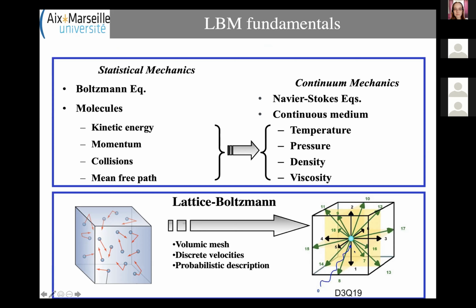The Lattice-Boltzmann method can be seen as a very specific discretization of the Boltzmann equation, because looking at the Boltzmann equation, we can see that we have a 7-dimensional problem. We have 3 dimensions for space, 1 for time, and 3 dimensions for the velocity of the particles. Defining a computational grid in 7 dimensions would be by far too expensive.